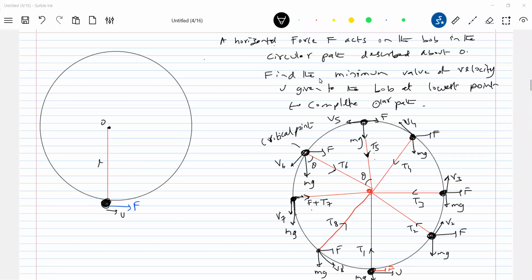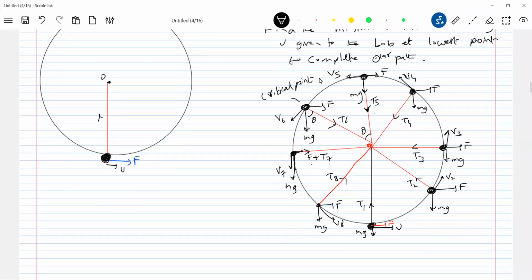So the equation will be again mg cos theta plus F sin theta plus T6 equal to mv6 square by L. If T6 tends to 0, V6 will become minimum. There will be critical velocity.